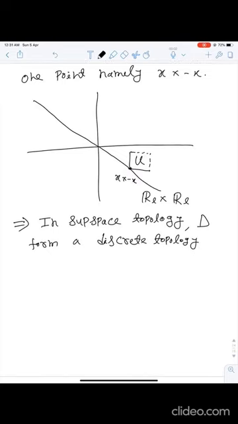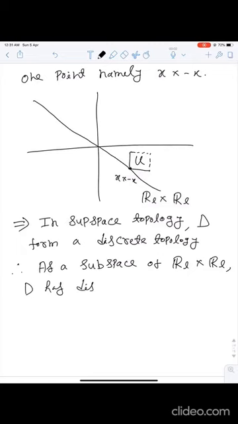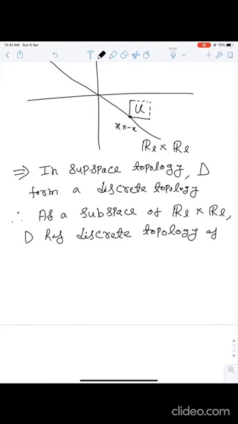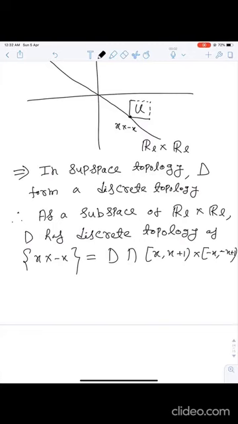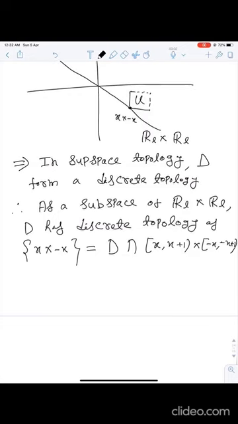In other words, as a subspace of R_L cross R_L, D has the discrete topology, as each singleton point (x, minus x) can be written as D intersect the open set U, that is [x, x plus 1) cross [minus x, minus x plus 1), right? So D has a discrete topology.